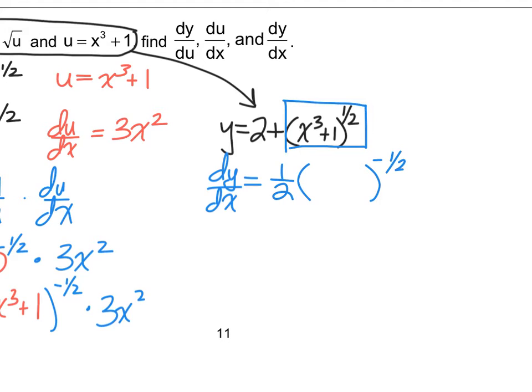It's the u. All right, so this longer approach is really just us detailing what that something expression is. Then I take the derivative of the something, which would be what? 3x squared.